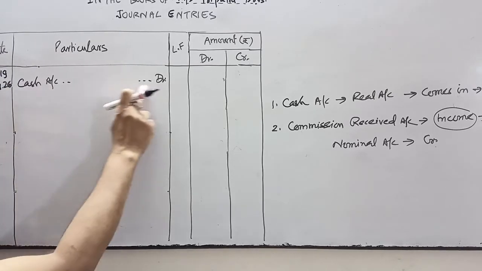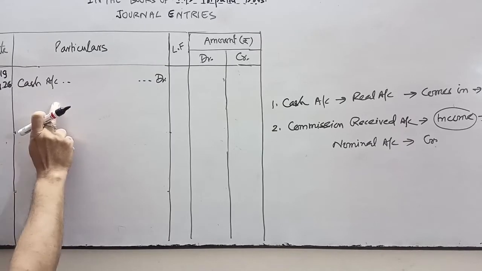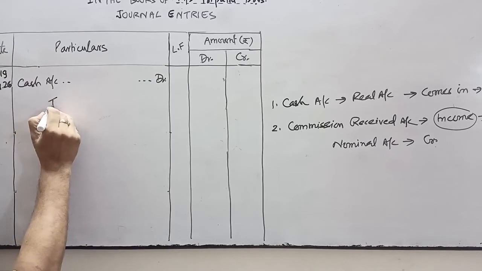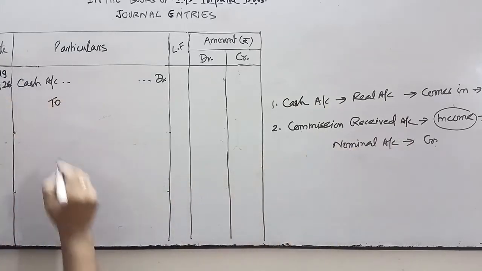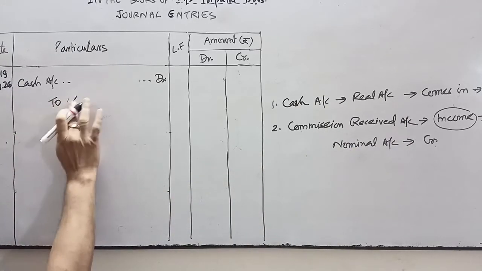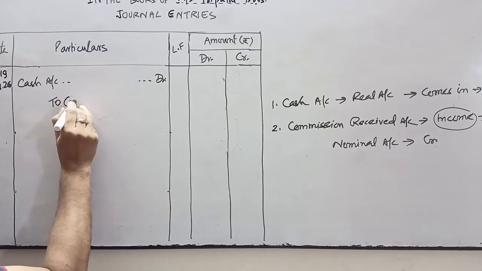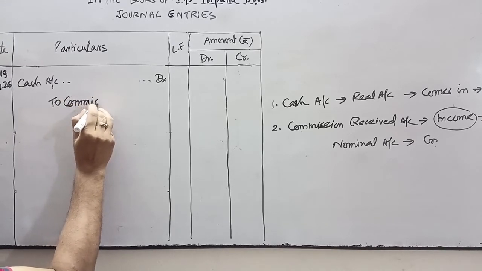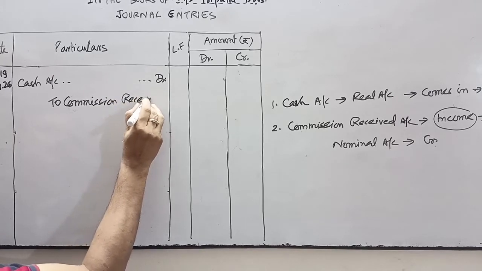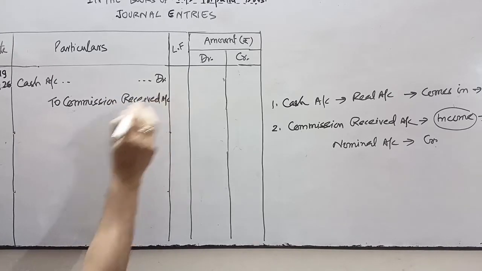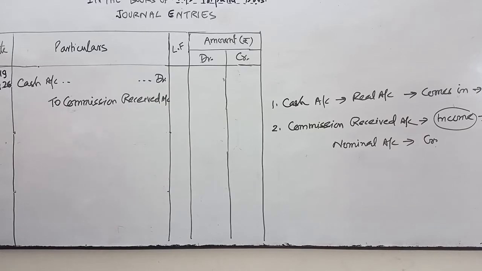So cash account debit, but for credit we take the margin. So start with the credit, start with 2. So over here we will write commission received account.